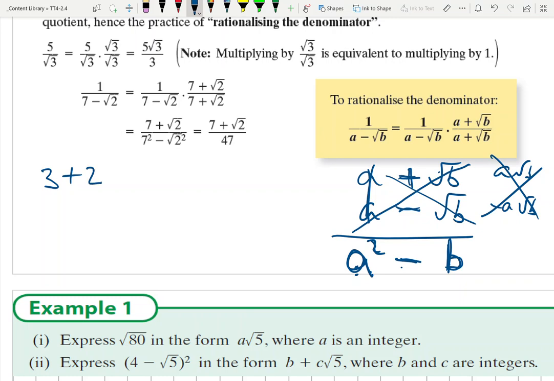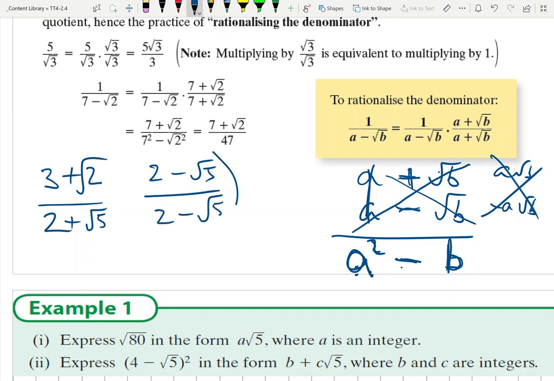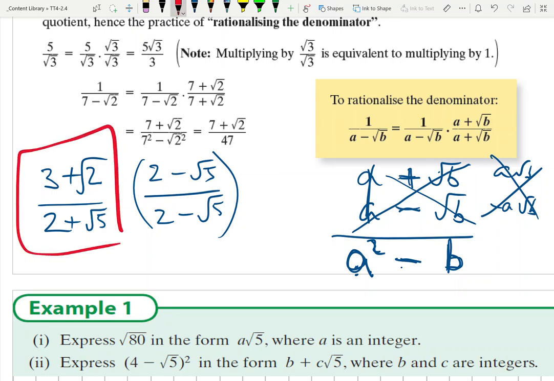3 plus root 2 over 2 plus root 5. And I would have to say that's 2 minus root 5 over 2 minus root 5. That's not changing the answer to this original question in the red box. But I know I get 4 minus 5 at the bottom.